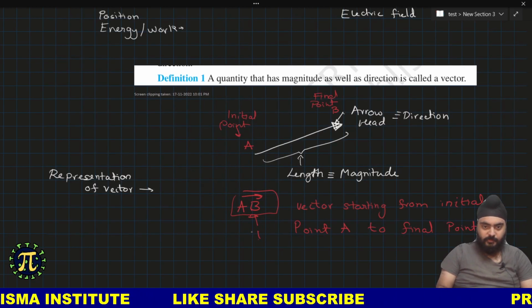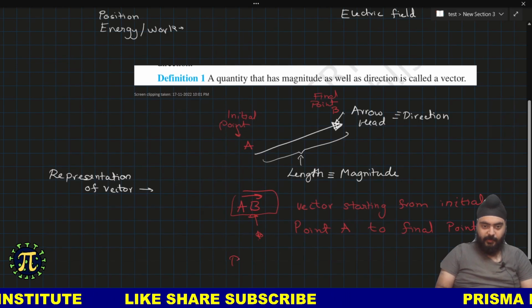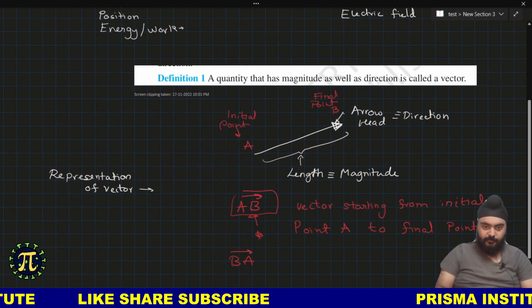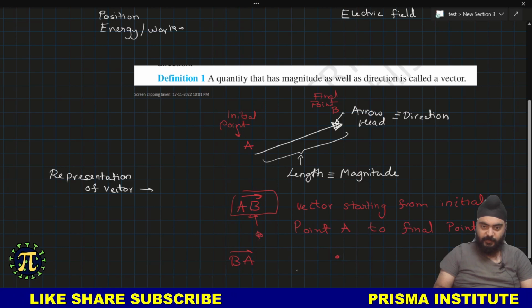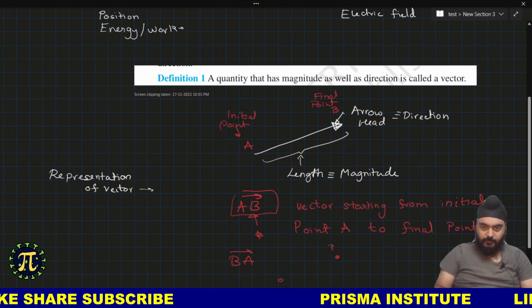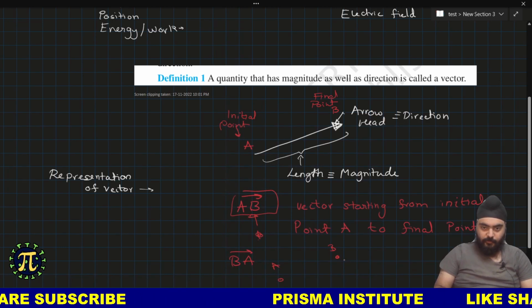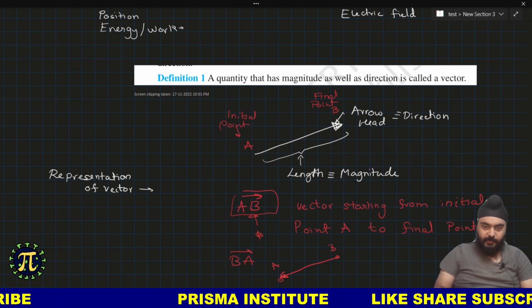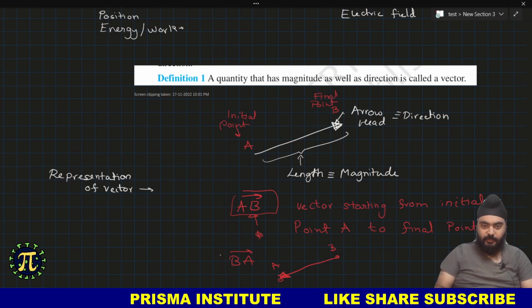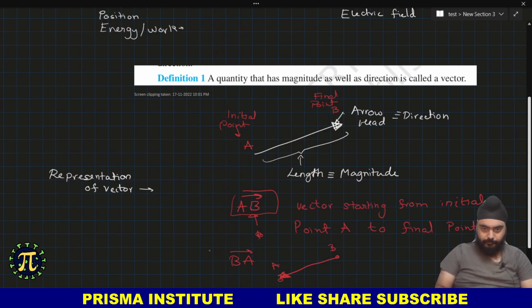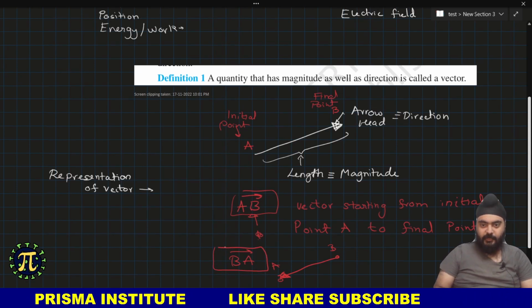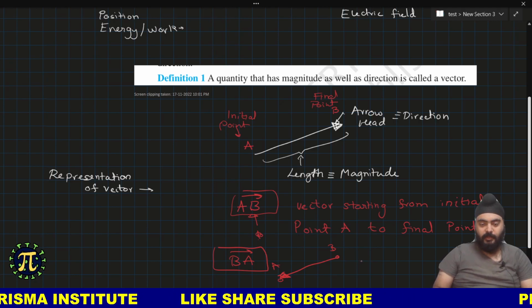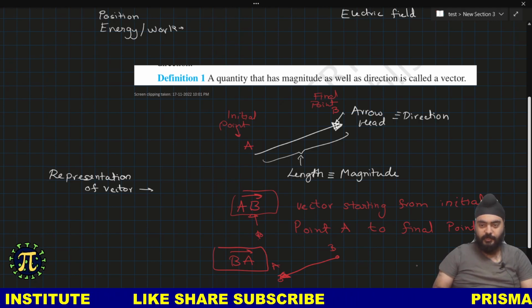Of course there is a BA vector also, right? This vector will start from B and end at A. So let's say this is B and this is A. We start a line from B and end at A, and draw an arrowhead at A. This represents the BA vector. It is equal in length, but it has the opposite direction.